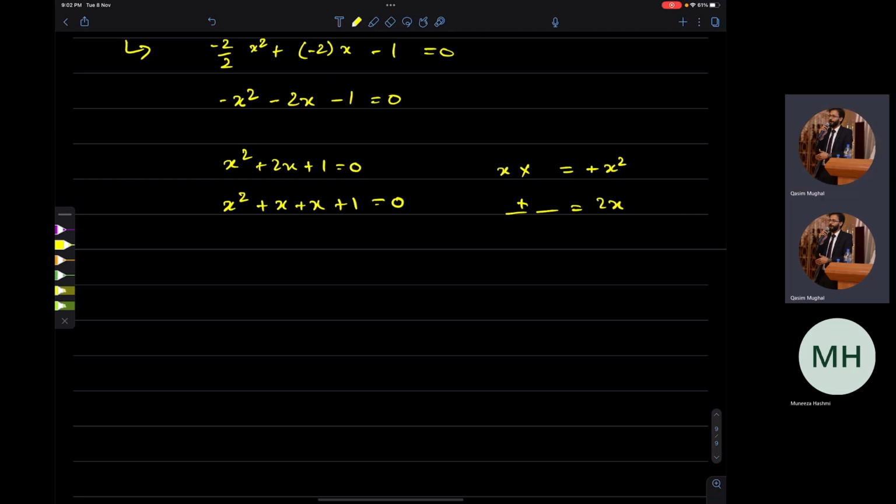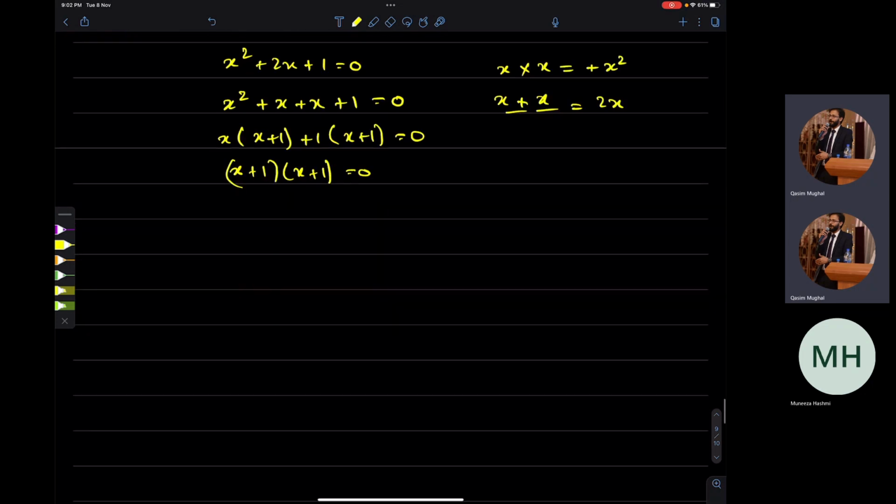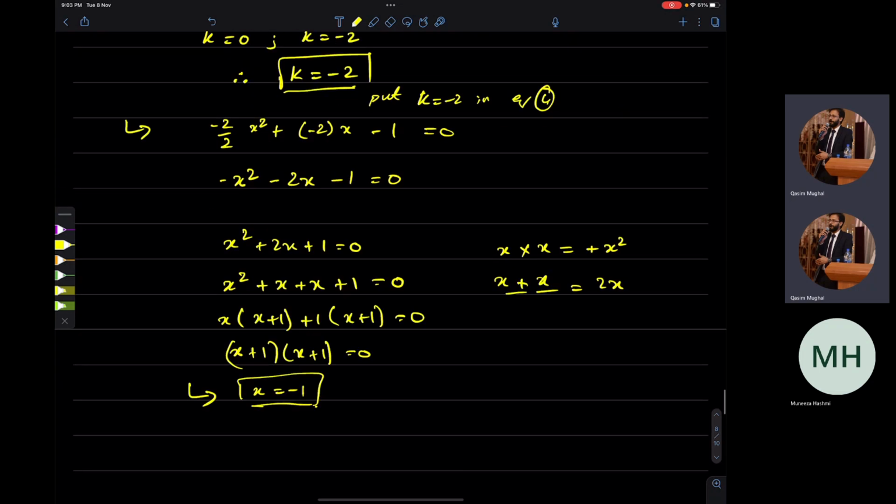So that's 1x and x. X is common, x plus 1 is common, and then x plus 1, x plus 1. That's a repeated root, because definitely it's touching at 1 point. So x equals minus 1.